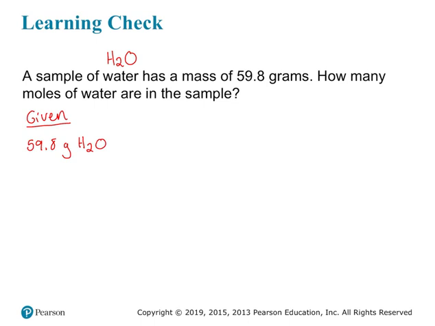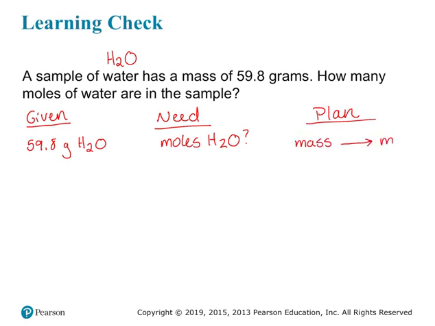And we want to figure out how many moles do we have? Okay, so our plan, again, we're going to convert the mass to moles. And we need the molar mass, which gives us that ratio of mass to moles for water.